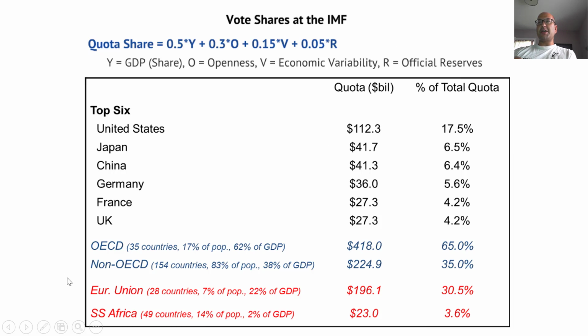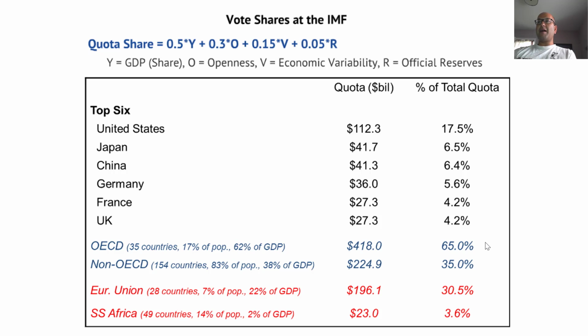And so if you look here, for example, the OECD, the Organization for Economic Cooperation and Development, sort of the richest countries in the world, 35 countries, 17% of world population, they hold 65% of the votes at the IMF. Non-OECD countries, 154 countries, 83% of the world's population, have 35% of the IMF's votes.